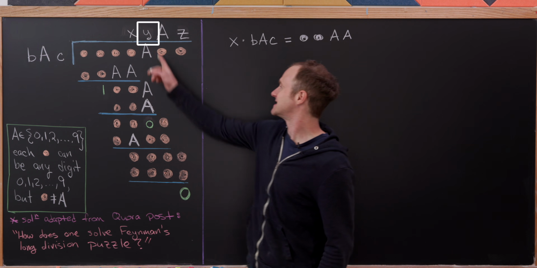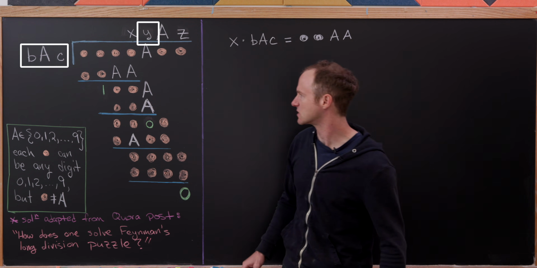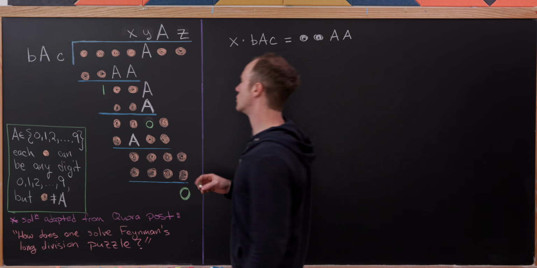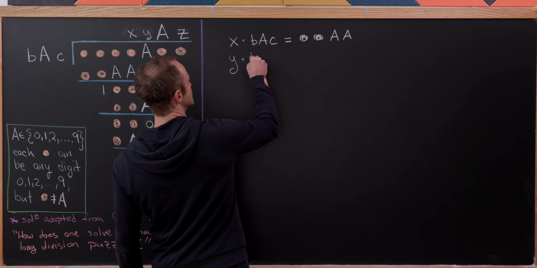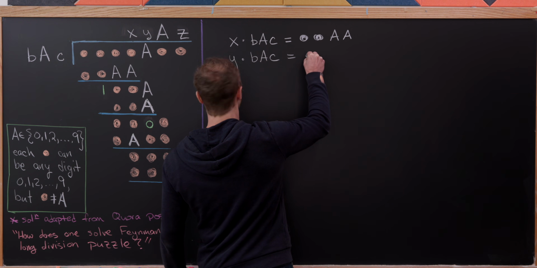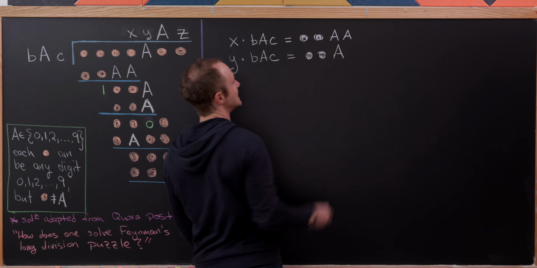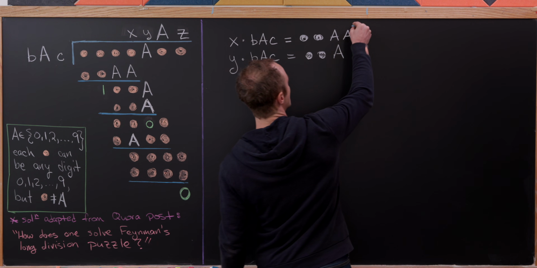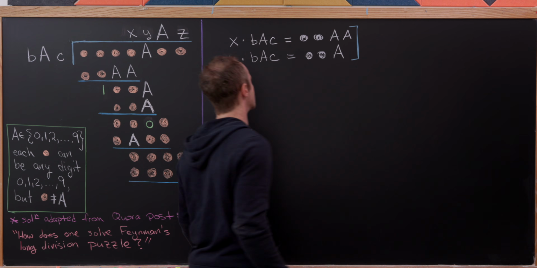But then this second digit of the quotient will multiply into the divisor, and that should give us this line right here. So we could write that as y multiplied into BAC equals 2 unknown dots, and then ending in an A. Now let's notice that we get something very quick about the size of x and y here.